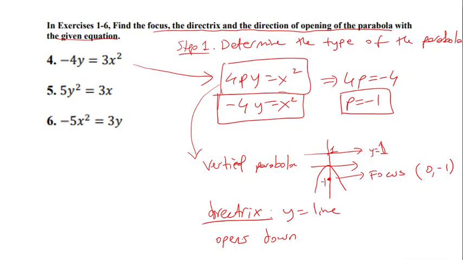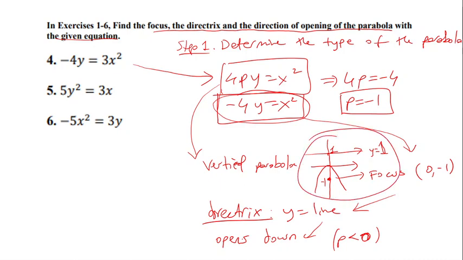So you can tell from the type of the equation, the focus will be on the y-axis, and the directrix will be a horizontal line, and it will open down because p is less than 0. This is clear from the graph. If you can make the graph from this, it will be easy to see.